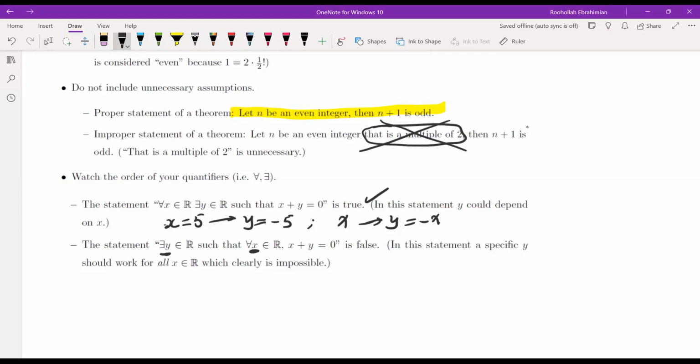So this statement is false, because if you have x equals 1, you would need y to be -1. If you have x equals 2, you would need y to be -2. And of course, y cannot be both -1 and -2, because the statement is there is a y, there is a single y. So this single y should work for all values of x, which of course there is no single y that works for all values of x.